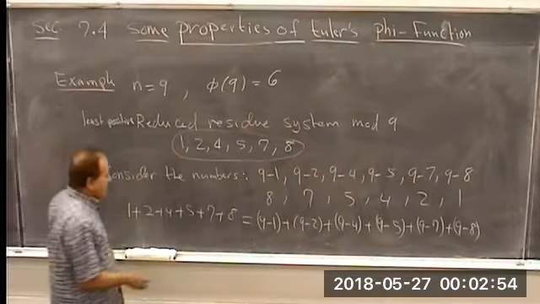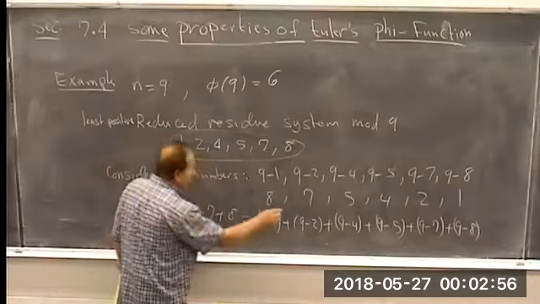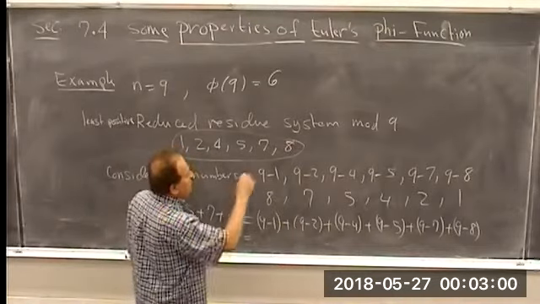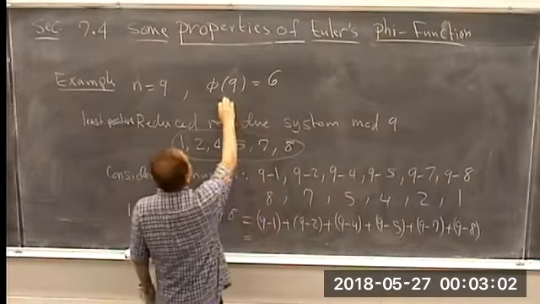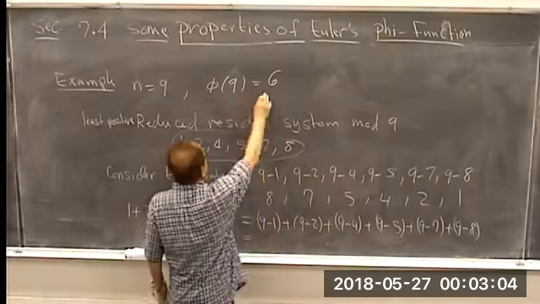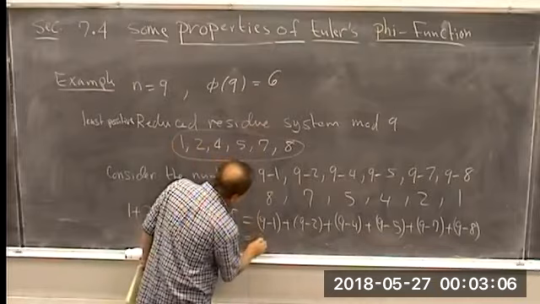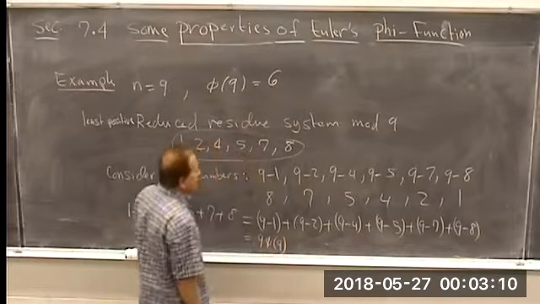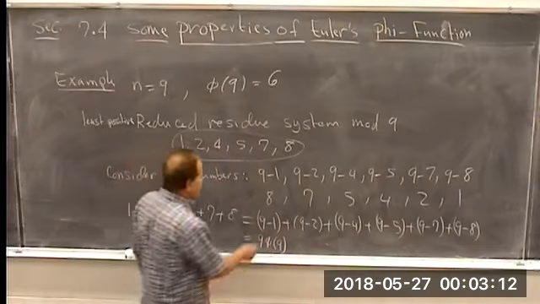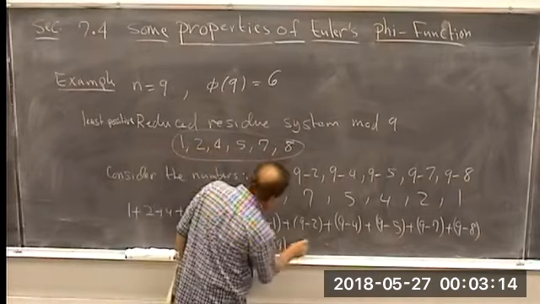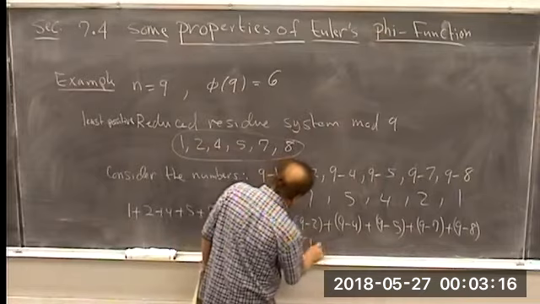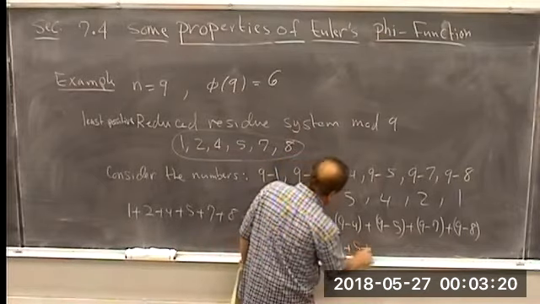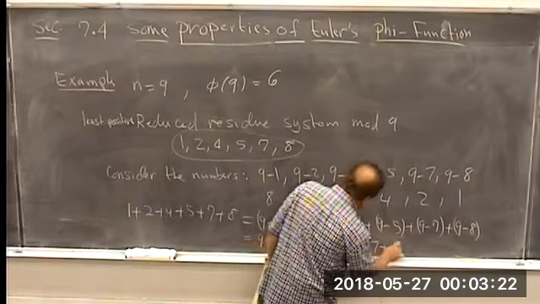Now, in here, I want to pull out the 9s, and there are phi of 9 of them. There are 6 of them. So we have 9 phi of 9, because this is equal to 6 of them. And then the other ones have a minus sign, and then we have 1 plus 2 plus 4 plus 5 plus 7 plus 8.